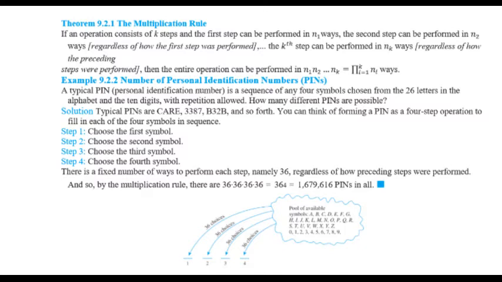And then for the third step, we have also 36 choices. For the fourth step, we have 36 choices too. So in total, regarding the multiplication rule, we have 36 to the power 4, which is 1,679,616 different PINs.